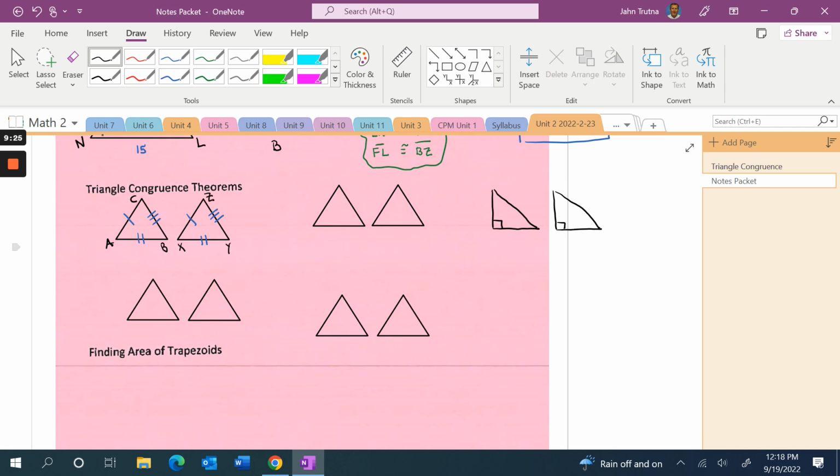What mathematicians found out was that even though we don't know anything about the angles in either one of these triangles, notice I don't have any measurements, they would know for a fact that triangle ABC would be congruent with triangle XYZ.